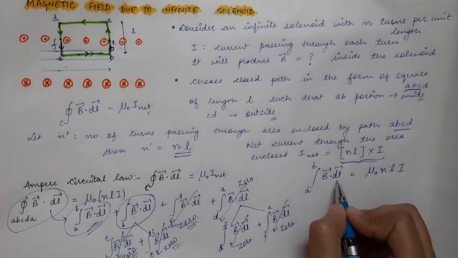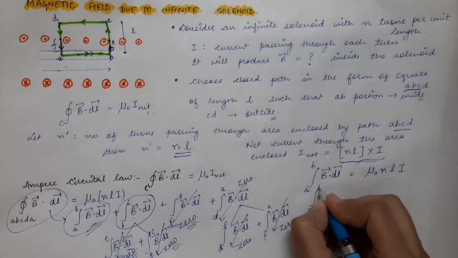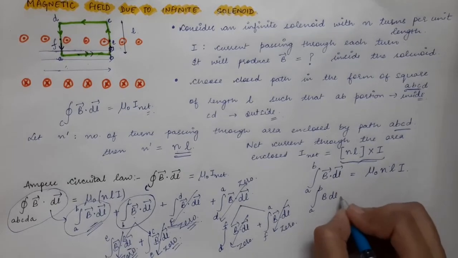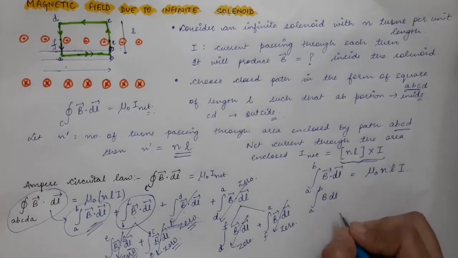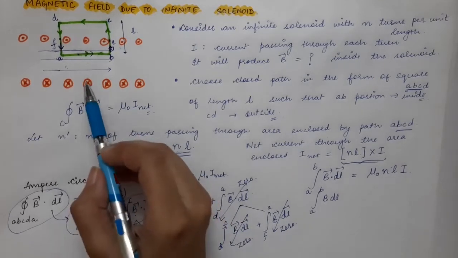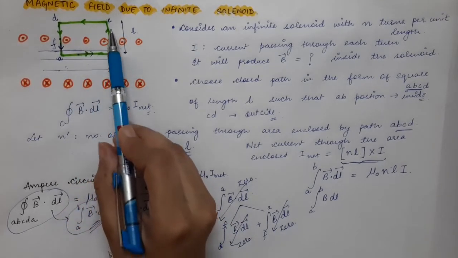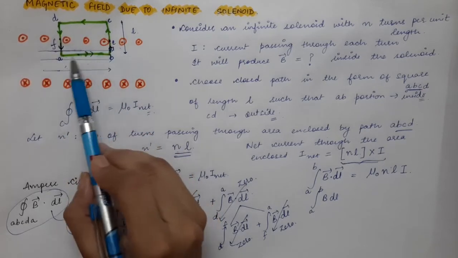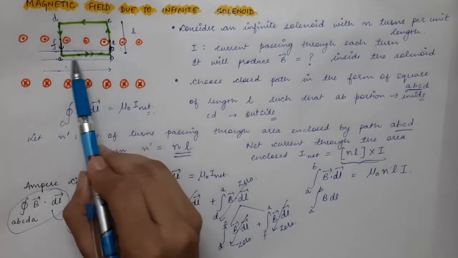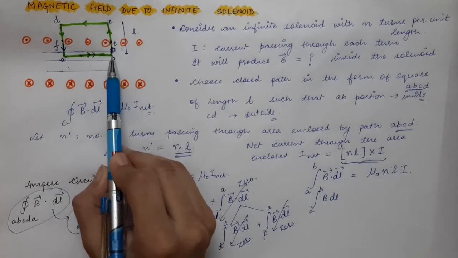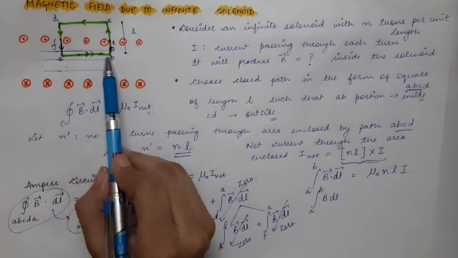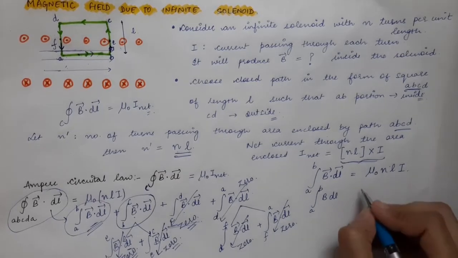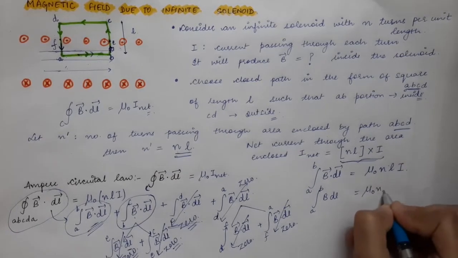So this will be just equal to the integral from A to B of the magnitude of the magnetic field and the magnitude of the DL vector and cos of 0 degree, that will be just equal to 1, because inside the solenoid, if you are taking the closed loop in the anti-clockwise direction, the magnetic field is in this direction and the DL vector will also be in this direction when you are moving from A to B. So you will get cos of 0 degree, and that is equal to 1. And the right hand side will remain as it is.